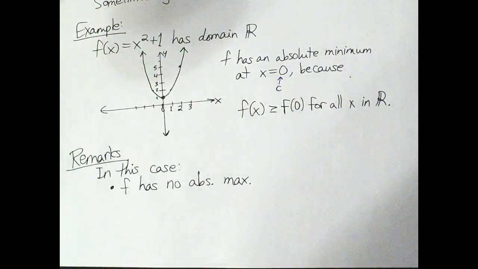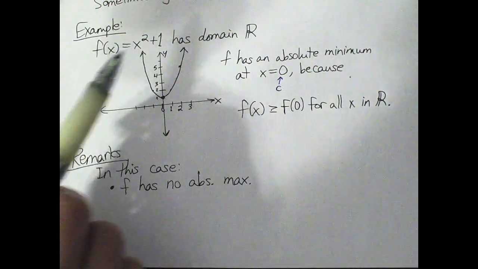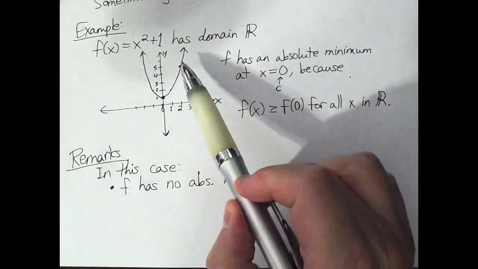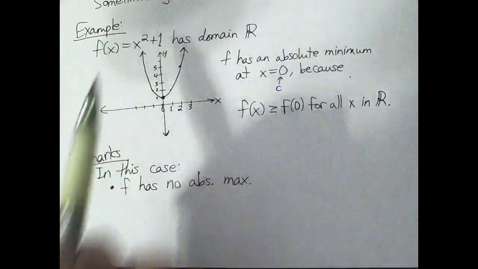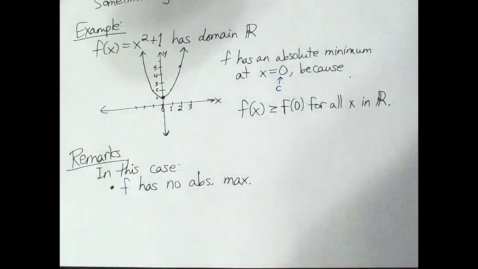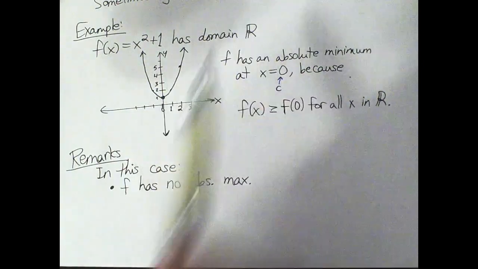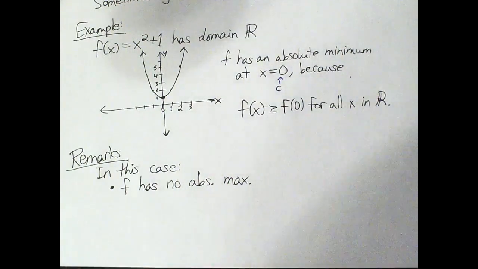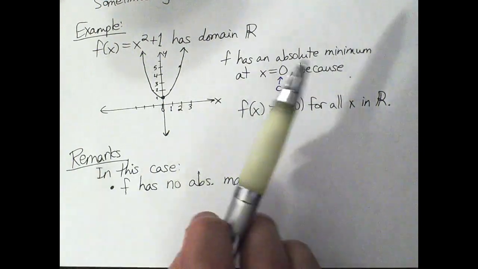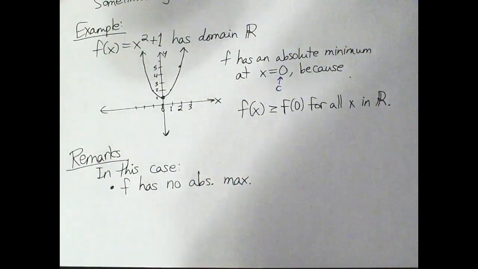There's no absolute max because where would it occur? This function keeps going up and up forever, and to the left, it keeps going up and up forever. So it never reaches any kind of maximum. We could say that it approaches infinity, but we don't have an absolute maximum. There's no x value or c value for which the inequality in the definition is true.